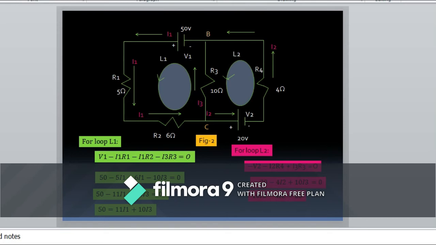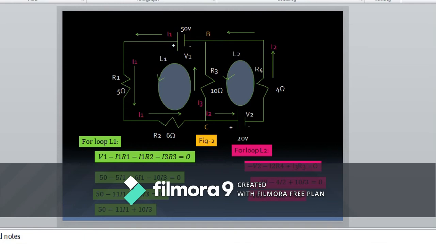Loop L1 direction is along the direction of current through R2 and R3. So there is potential drop through R2, that is minus I2 R2. The potential drop through R3 is minus I3 R3. Hence, according to Kirchhoff's voltage rule, V1 minus I1 R1 minus I1 R2 minus I3 R3 is equal to 0.